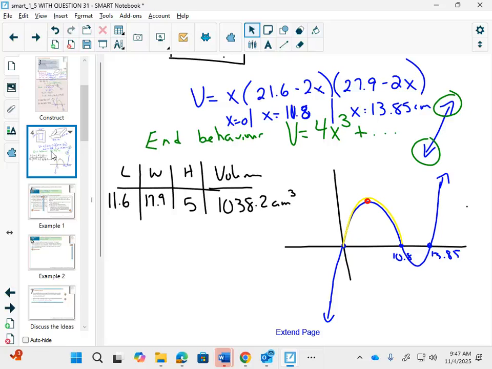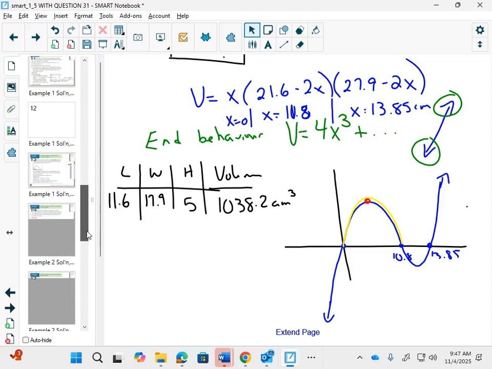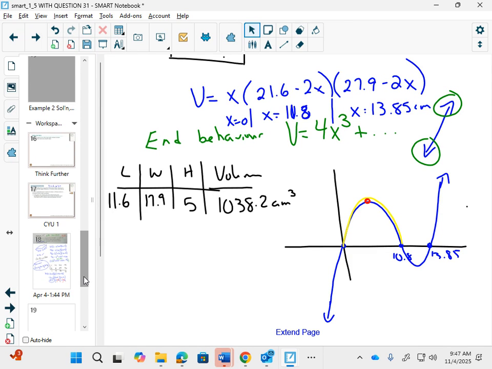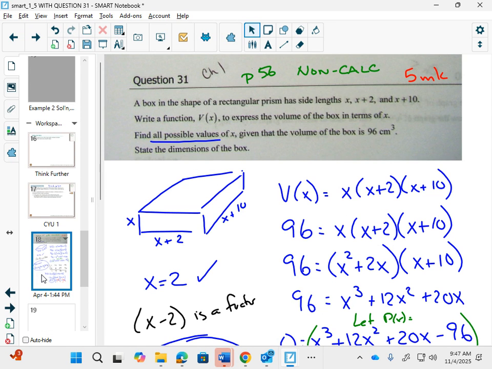Could you draw the graph? You can draw the graph without your calculator. So you can see what the domain is without your calculator. And we could get a question just like the one we just did. We could get one like this with a calculator, and you would have to solve it algebraically.